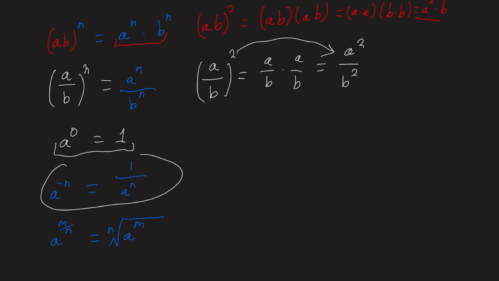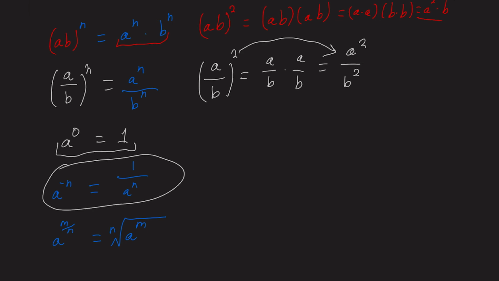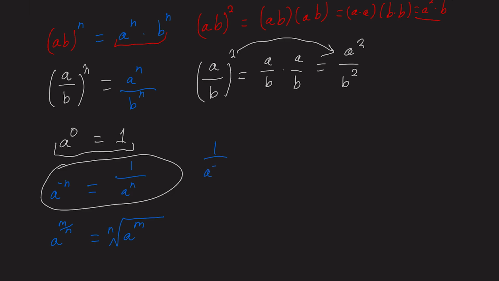So there's something I want to show you guys about this particular rule that may not be immediately intuitive. If I am given 1 over a to the negative n, that's going to equal 1 over a to the n. Okay? So I can do keep change flip on this.